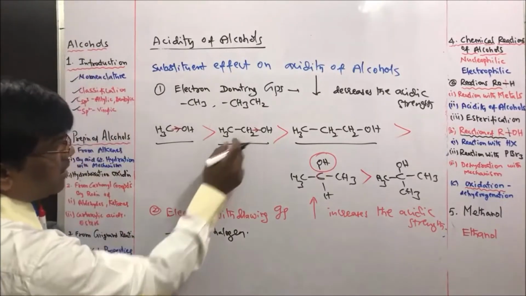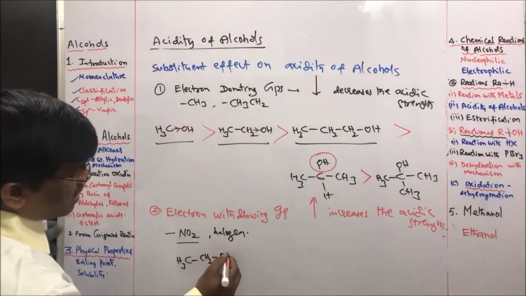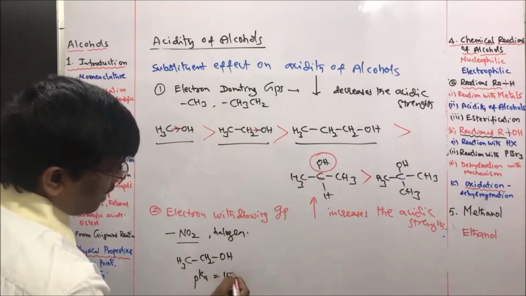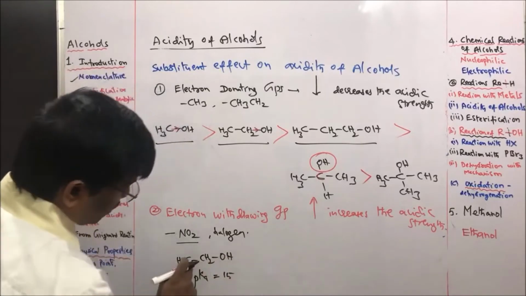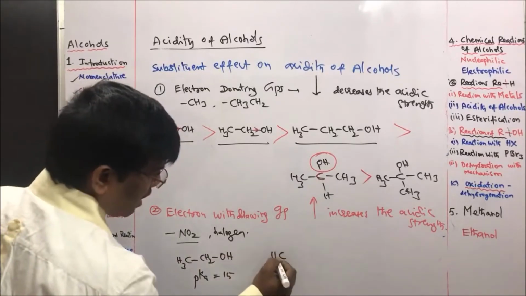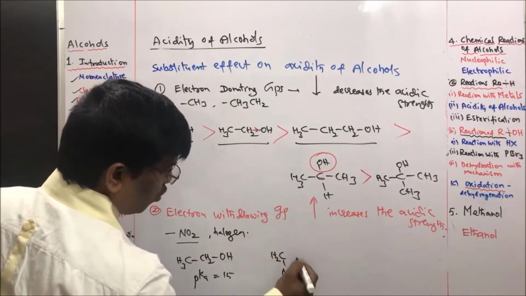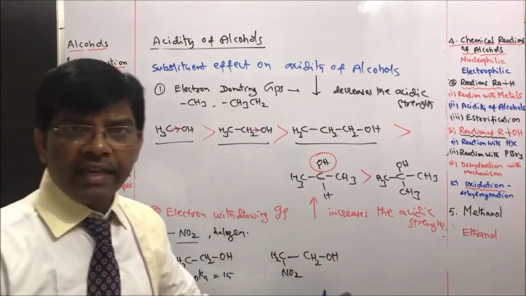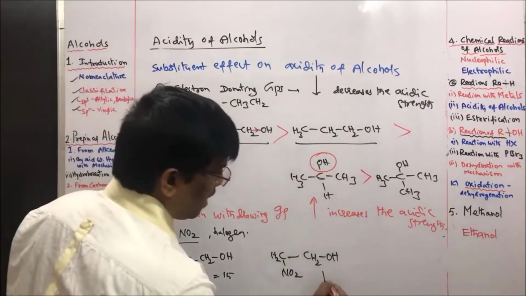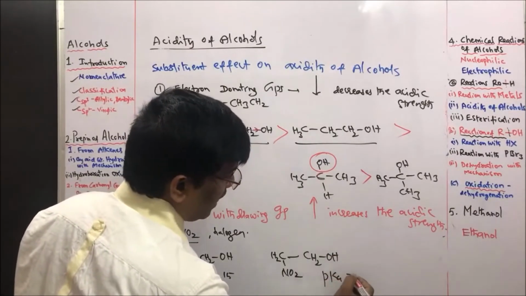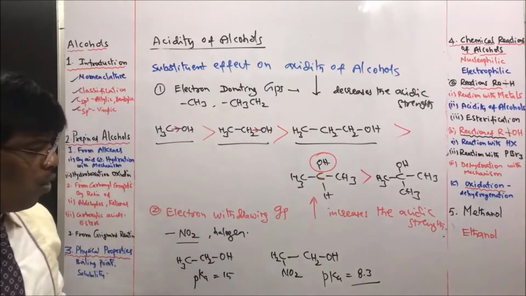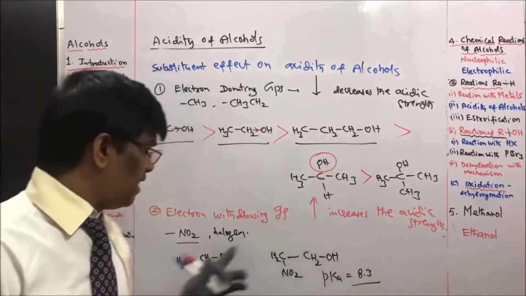Let us take ethanol for example. What is the pKa value of ethanol? It is about 15. When you substitute a hydrogen with a nitro group, giving O2N-CH2-CH2OH, 2-nitroethanol, the pKa of this alcohol is about 8.3. So it is almost double as acidic as ethanol.